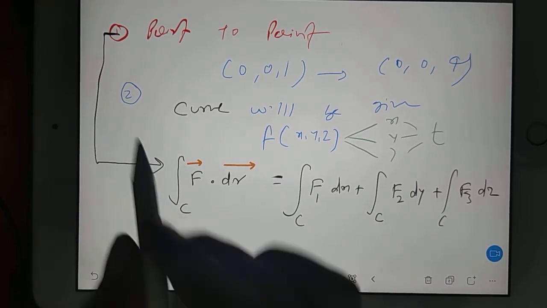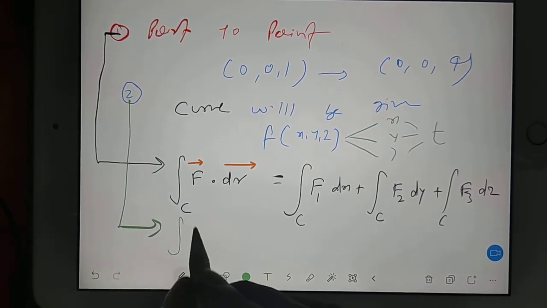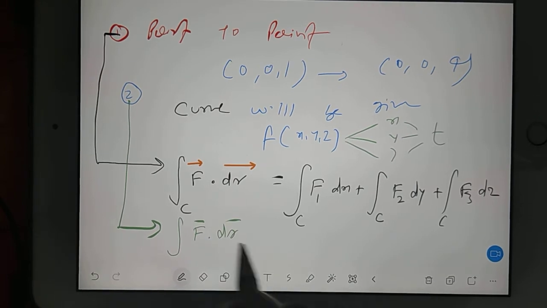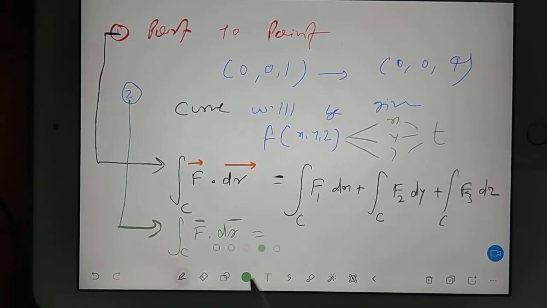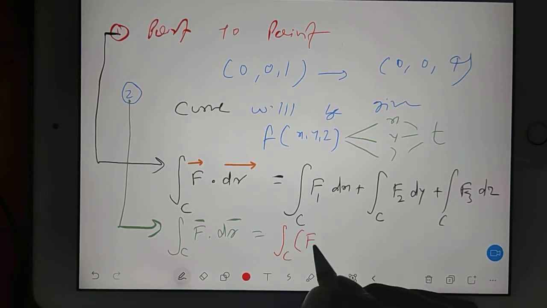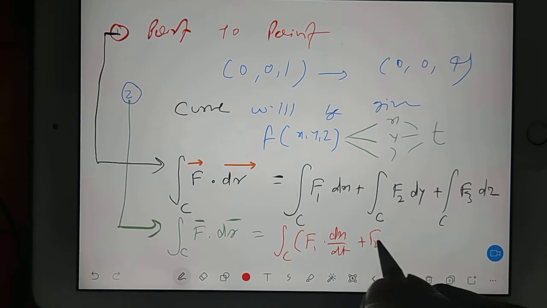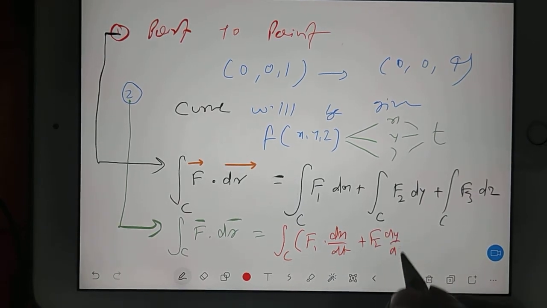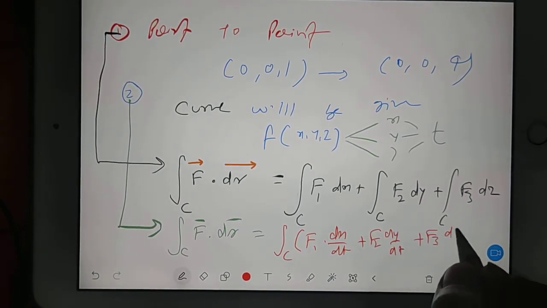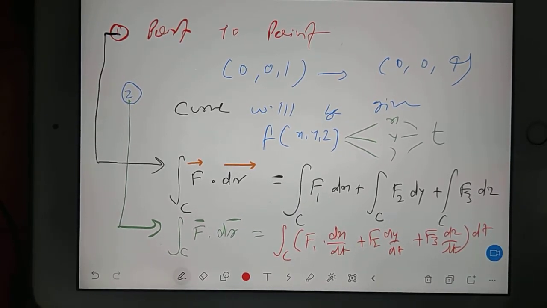And if the curve is given, in that case your equation will be a little bit bigger. Actually we have to remember this. For the same curve we express f dot dr as the integral over the curve of bracket f1 dx by dt plus f2 dy by dt plus f3 dz by dt, times dt.